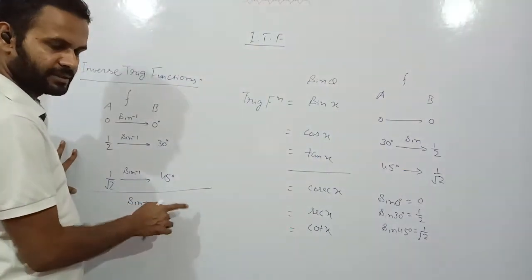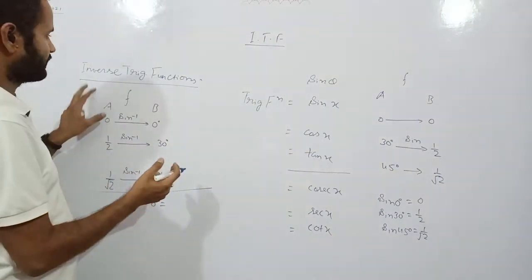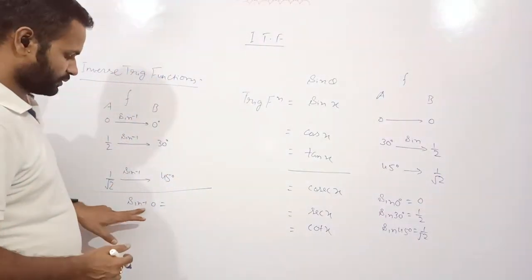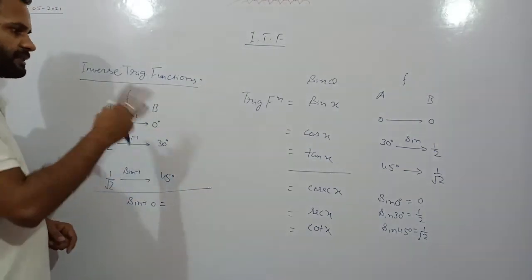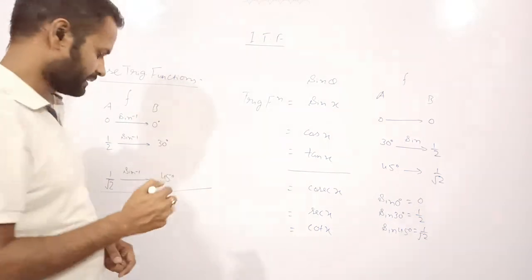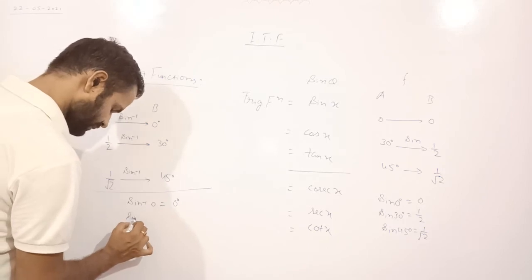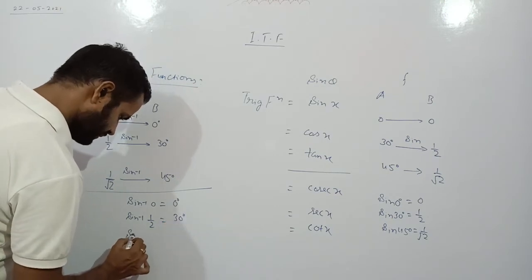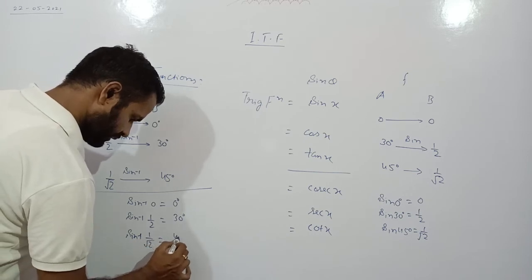So the ratio and angles places of both are changed when we come to trigonometric function from inverse trigonometric function. जब हम trigonometric function से inverse trigonometric function पे आते हैं तो जो रेशो और एंगल्स का सीक्वेंस है वो चेंज हो जाता है, या फिर हम इन्वर्स ट्रिग्नोमेट्रिक से ट्रिग्नोमेट्री में जाएंगे तो एंगल की जगह रेशो और रेशो की प्लेस पे एंगल आ जाएगा. सो साइन इन्वर्स 0 इक्वल्स टू 0 डिग्री, साइन इन्वर्स 1/2 इक्वल्स टू 30 डिग्री एंड साइन इन्वर्स 1/√2 will be 45 degree.